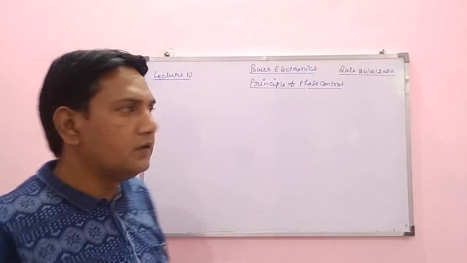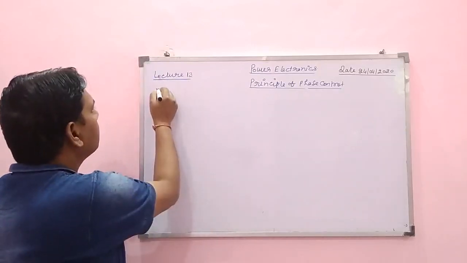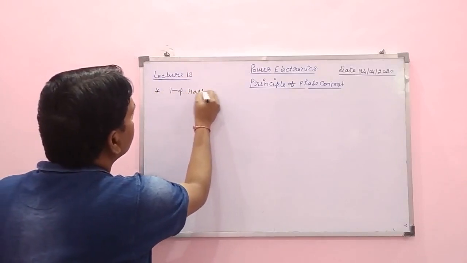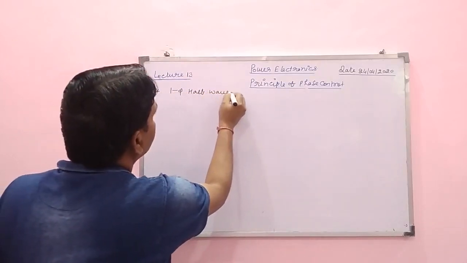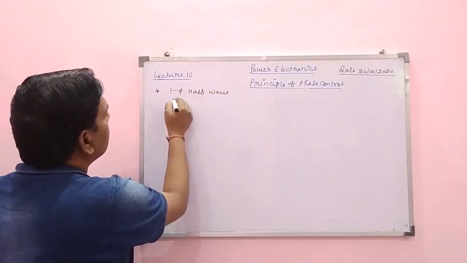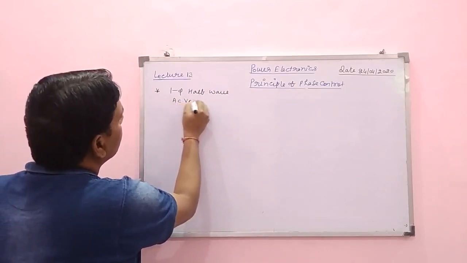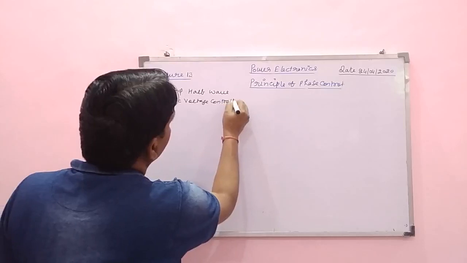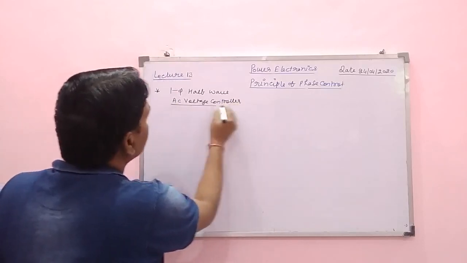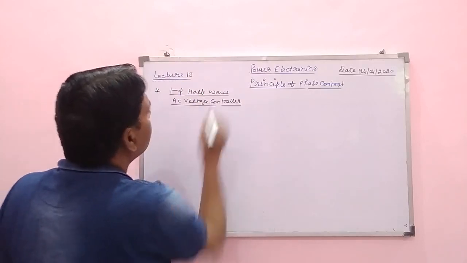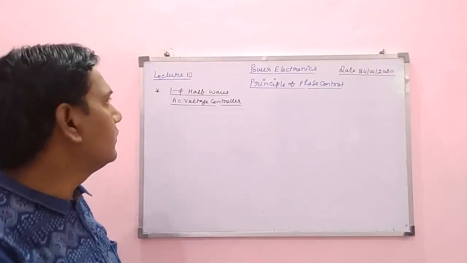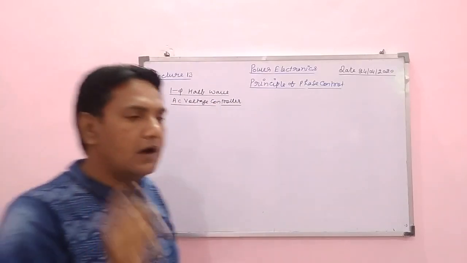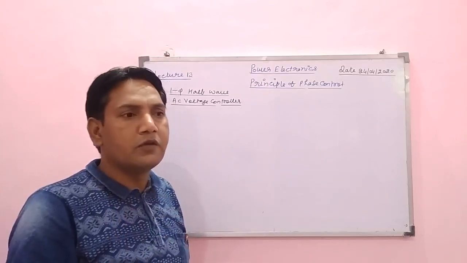So let's start with the single phase half wave AC voltage controller. It means if we study the half wave single phase AC voltage controller, we only have to control the half cycle of the input supply.